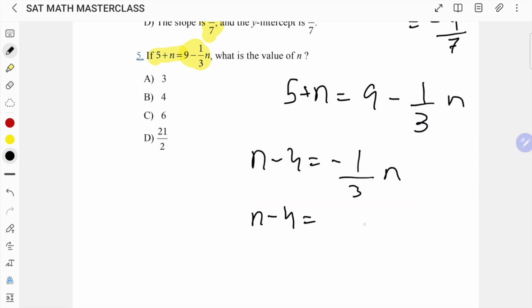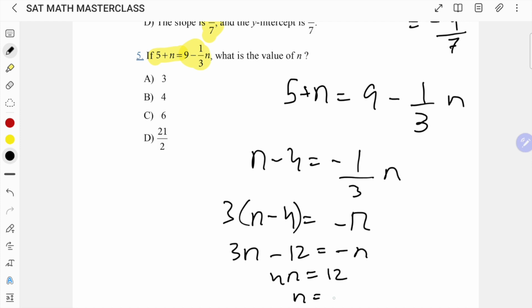Multiplying by 3, we get 3n minus 12 equals minus n. So 4n equals 12, n equals 3. So the correct answer will be option A, n equals 3.